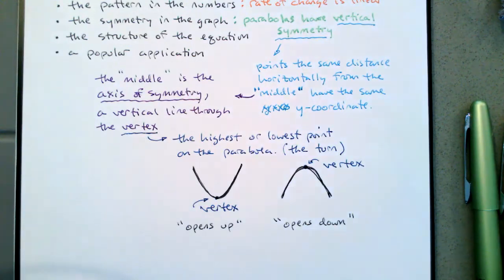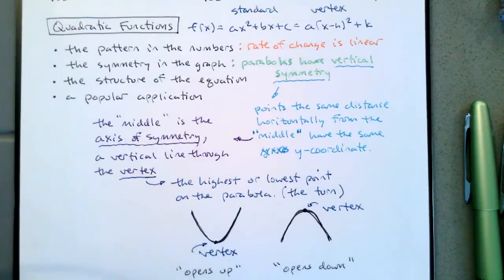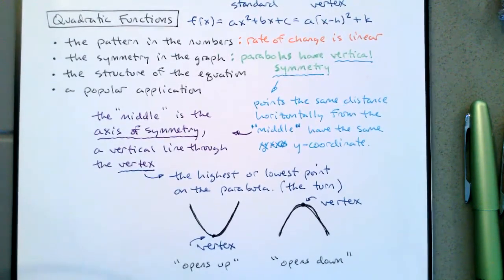So the opens up parabola, we can tell which kind of parabola we're dealing with just by looking at the equation. Remember, part of the rule of four is to not just know the four different ways of describing some algebraic object like a quadratic function, but to understand how those four descriptions are connected.